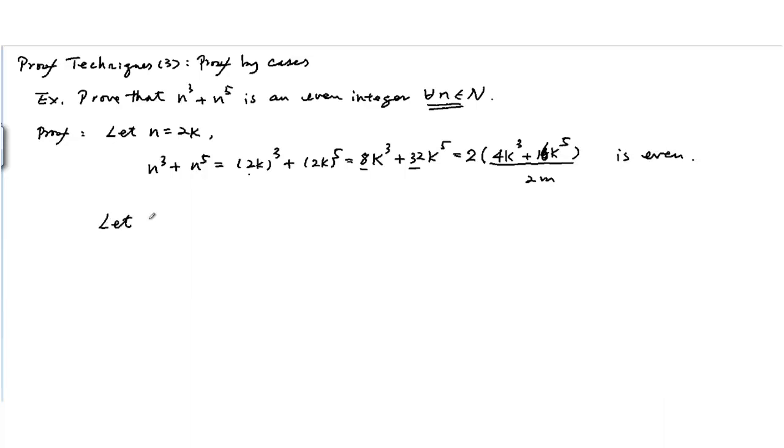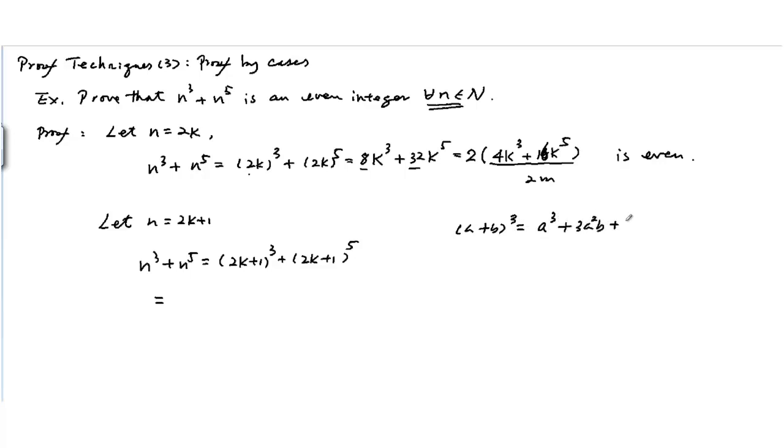And then let's consider n equals 2k plus 1, an odd number. So n to the third power plus n to the fifth power: we plug n equals 2k plus 1 into the third power and the fifth power. Remember the formula: (a plus b) to the third power is a cubed plus 3a squared b plus 3ab squared plus b cubed.